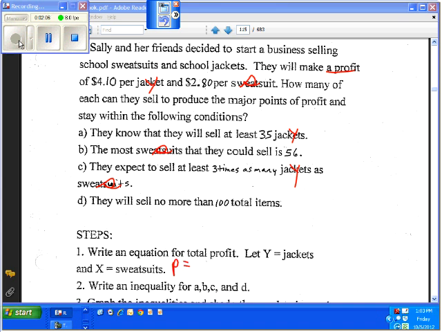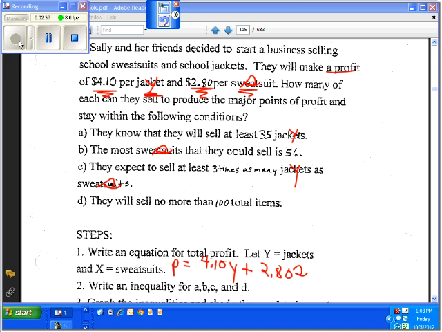Profit is equal to, what's my profit equal to? Y'all help me out here. It's $4.10 per jacket Y. So profit equals $4.10Y plus $2.80S. $2.80 per sweatsuit S. Okay?